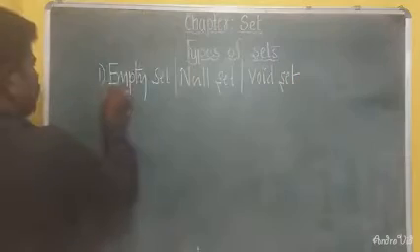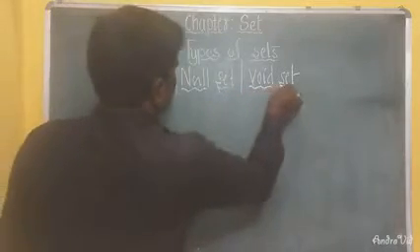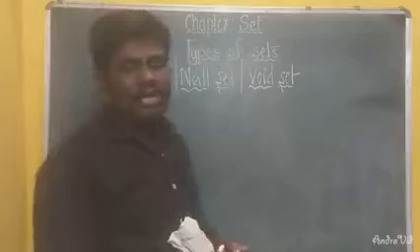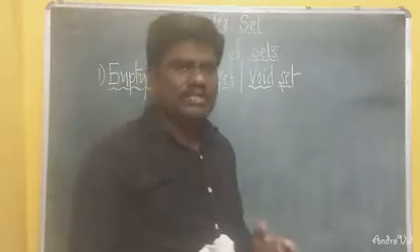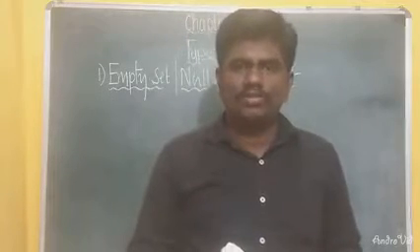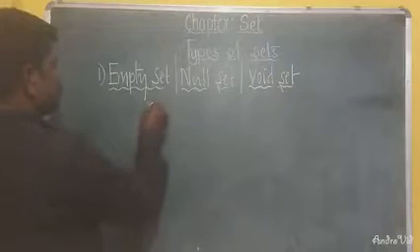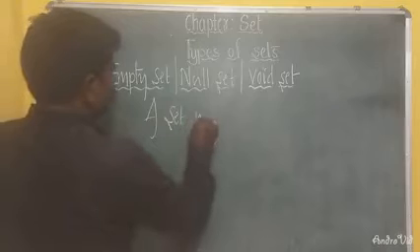So empty set, null set or void set, all the names may be different but all are saying the same thing. Okay, overall what is this empty set, null set, or void set?